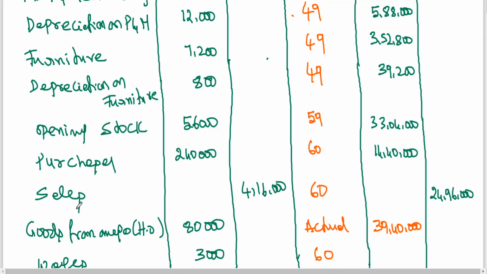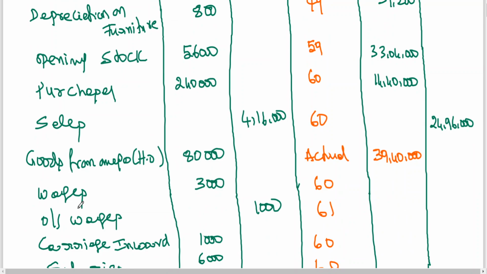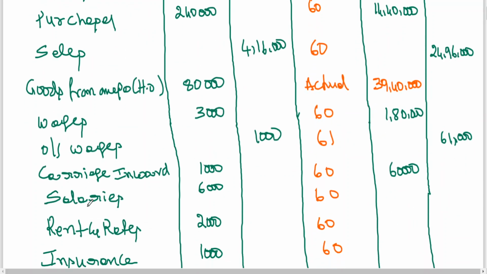Actual I have written. Wages 3,000 into 60, you are getting 1,80,000. Outstanding wages 1,000 into 61, 61,000. Okay, 6,000, sorry, yes, 6,000 into 60 is coming to 3,60,000.